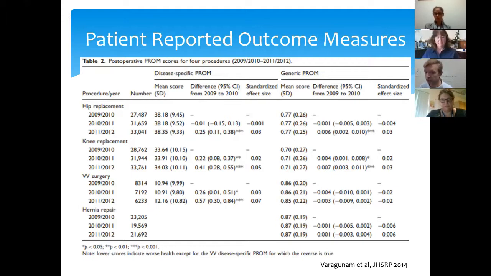So that's a bit disappointing, because the idea is that by collecting the PROMS data, you're going to incentivize hospitals who are maybe getting worse patient-reported outcomes to improve their performance, and you'll see a general increase in PROMS over time, but that clearly wasn't the case.